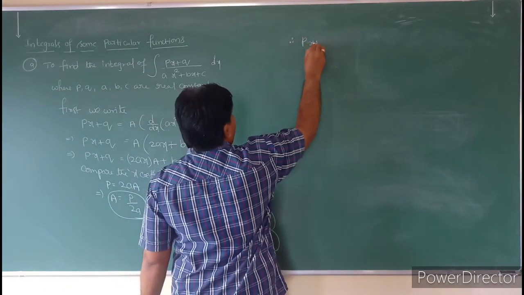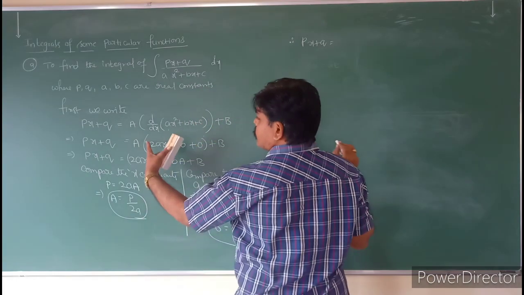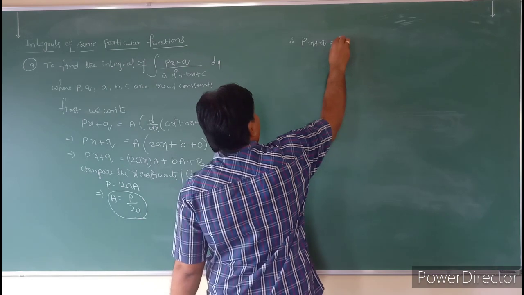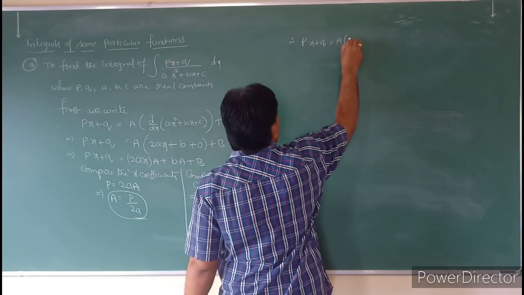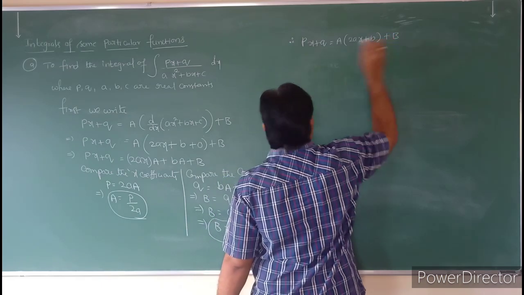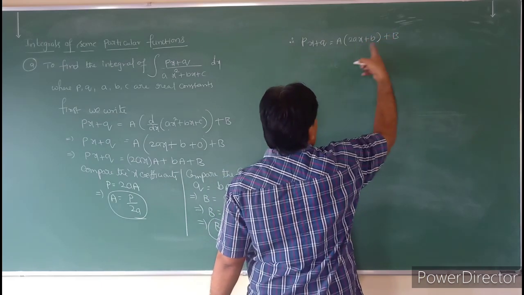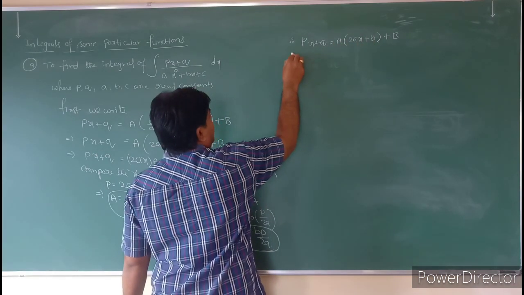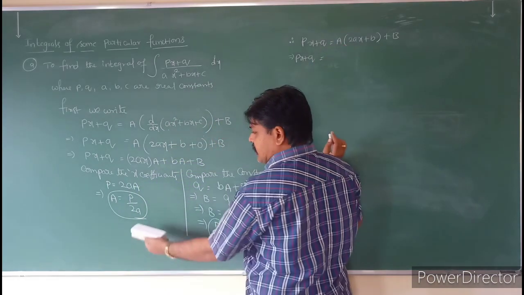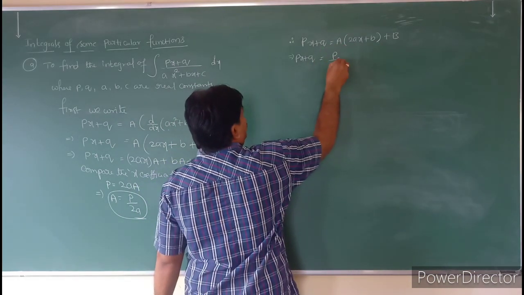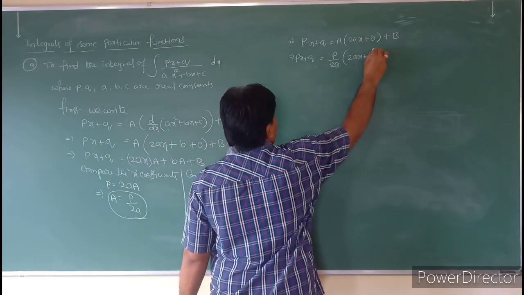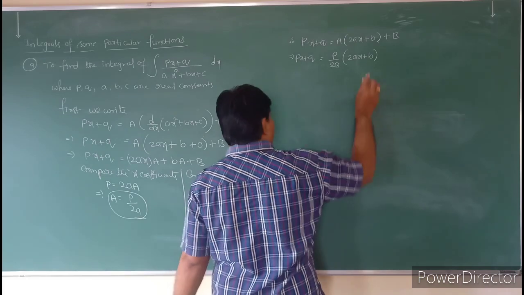Therefore px plus q can be written as, see this one students, a into 2ax plus b. So this is the px plus q you can write in this form. That implies px plus q is equal to, what is the a value? A value is nothing but p by 2a into 2ax plus b plus q plus the b value.